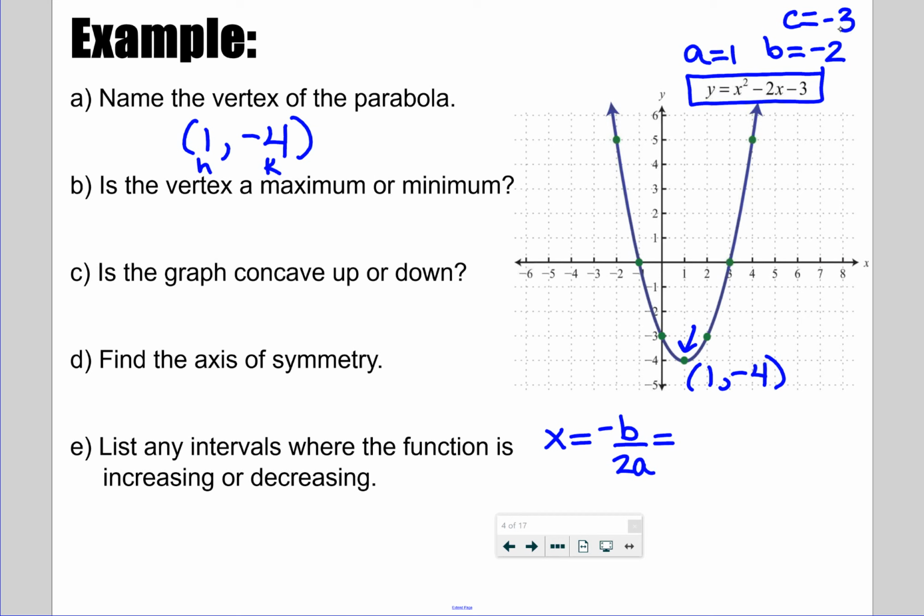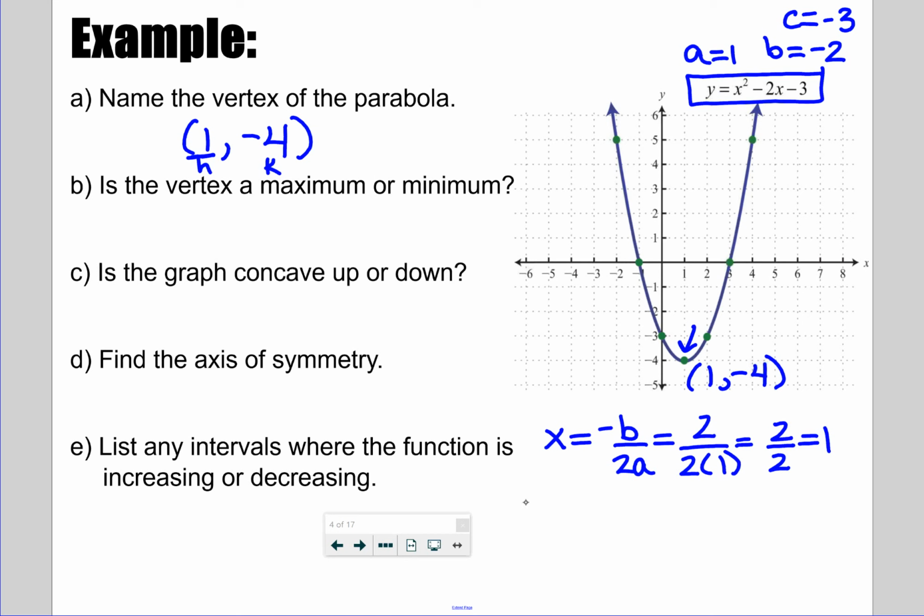And remember, if there's a minus in front of a number, it means that term is negative. So if we were going to use our vertex formula, the opposite of b, instead of a -2, would be a +2. Divided by 2 times a is 1. So now I have 2 over 2, which gives me 1. And you'll see that's the same x value we found from the graph.